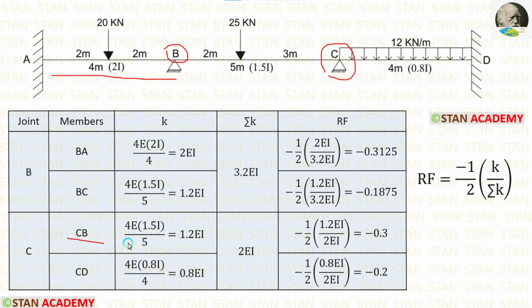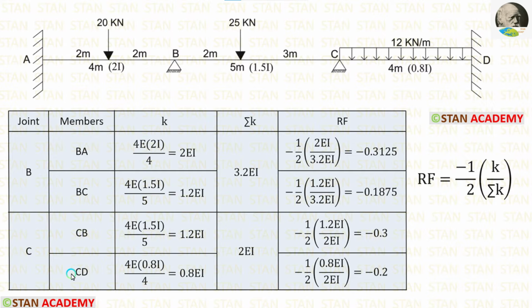If the far end is continuous, the formula for stiffness is 4EI upon L. For CB, the moment of inertia is 1.5I, so instead of I, we have to apply 1.5I. Length of CB is 5 meter. Let us apply that. Finally, for the stiffness of CB, we are getting 1.2 EI.